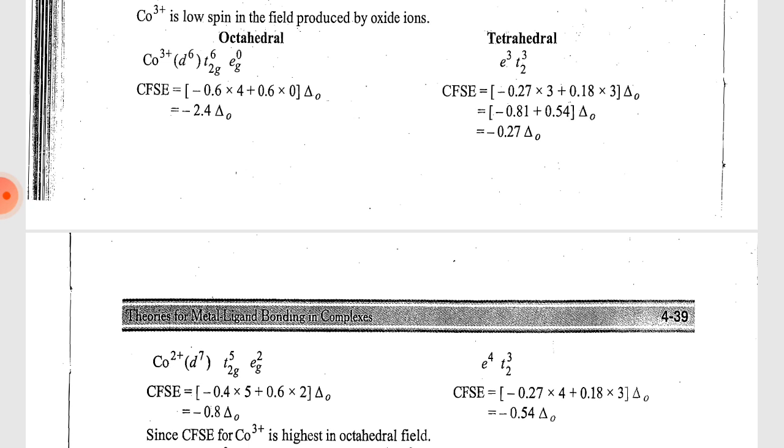CFSE is minus 0.4 multiplied by 6 plus 0.6 multiplied by 0 Δ0, which is equal to minus 2.4 Δ0. Tetrahedral: e3 t2^3, CFSE is minus 0.27 multiplied by 3 plus 0.18 multiplied by 3 Δ0, which is equal to minus 0.81 plus 0.54 Δ0, which is equal to minus 0.27 Δ0.